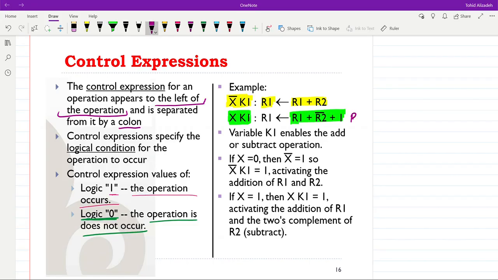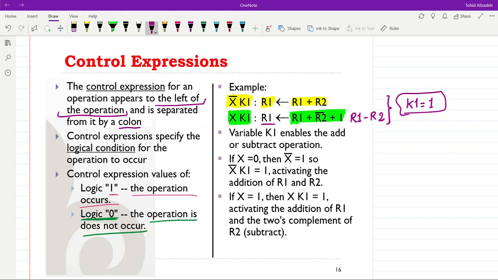So what we have here is R1 minus R2. This operation will be performed and the result will be stored again in R1. You can see that in order to perform any of these operations, we need to have K1 equal to 1. If K1 is equal to 0, then nothing will happen and the content of R1 will not change.